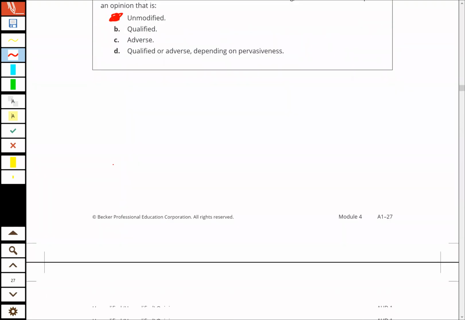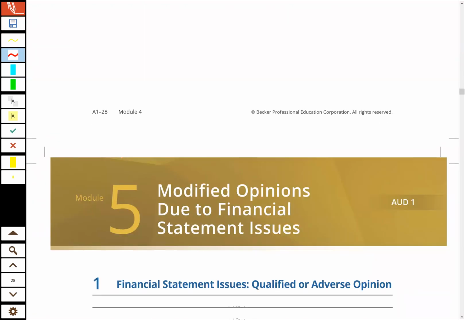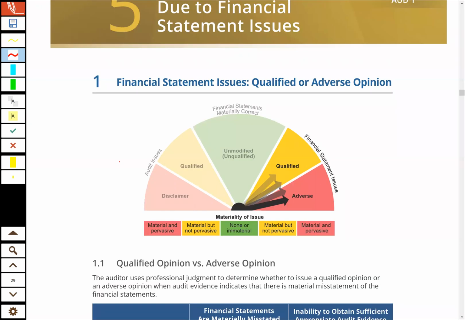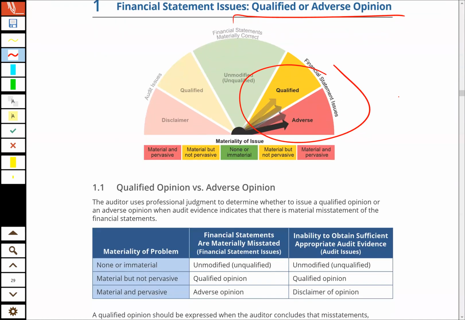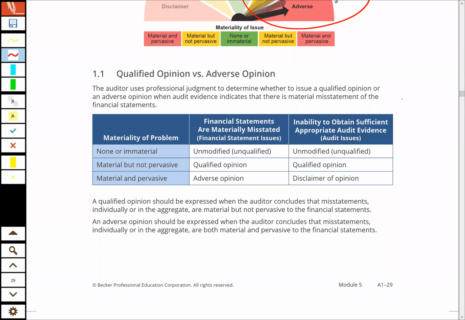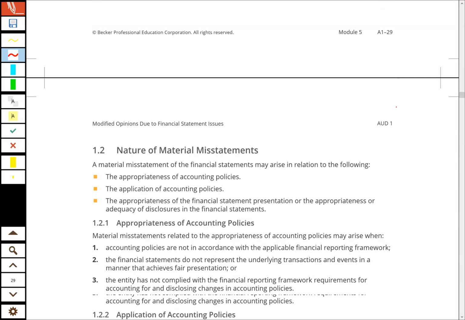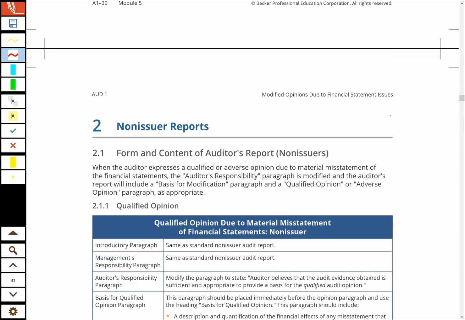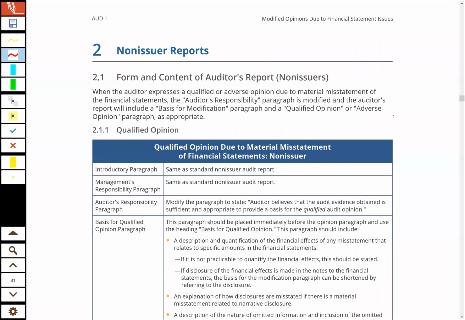Okay, good. Let's take a look now at what happens when we go to qualified or adverse. And remember the way our chart works, guys, we get on this end. When we're dealing with qualified or adverse, that means we've got some sort of GAAP problem. And I want to come all the way over and look at the non-issuer report.